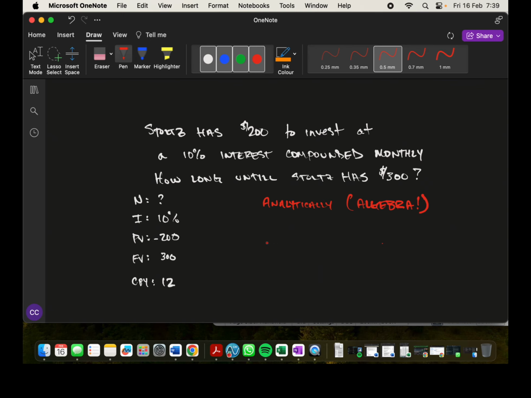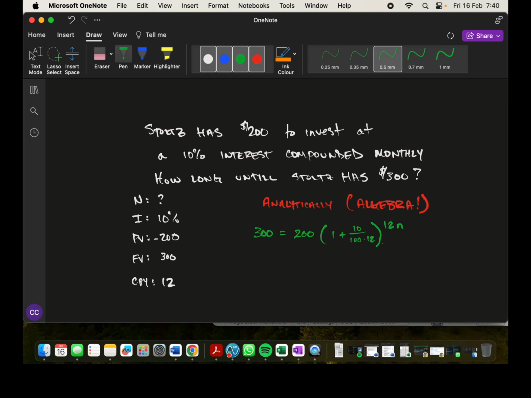The analytic method is going to be, we're going to use our formula for compound interest. So the compound interest formula would be my future value is going to be my present value times 1 plus my interest rate divided by 100 times the compounding periods, raised to the compounding periods times n, like that. The formula will be on any assessment you take, so you don't have to memorize it.